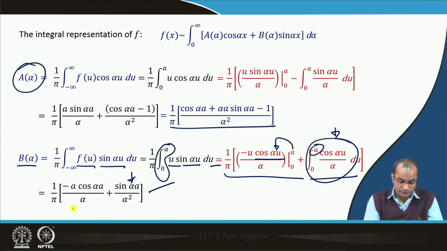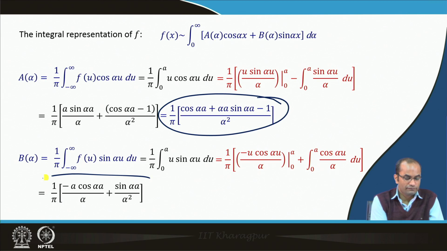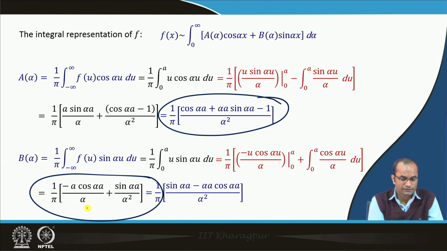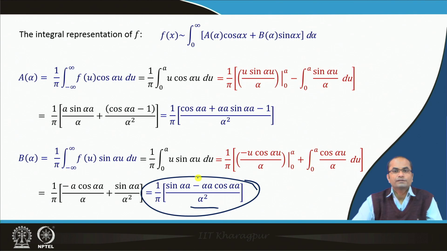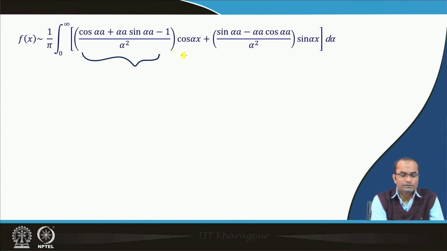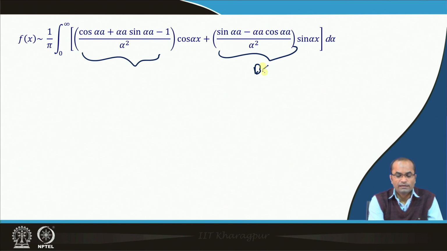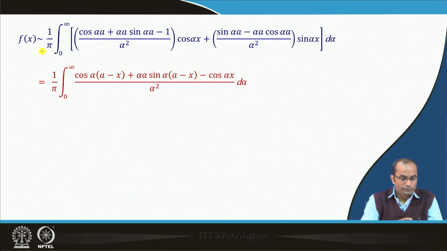So, we have the expression for a(alpha), and then we have also for b(alpha), which can be further simplified to have this alpha square. So, both the coefficients are computed, and then we can substitute this a(alpha) and this b(alpha) in f(x) in this integral representation.